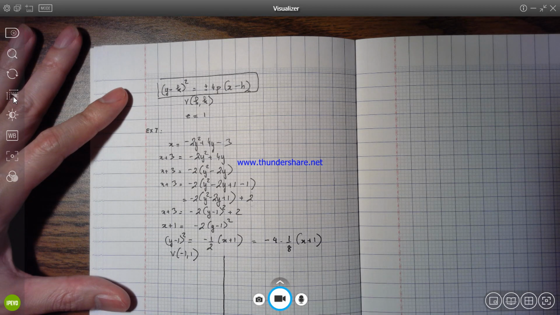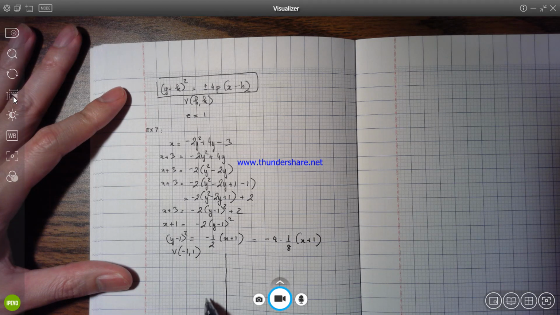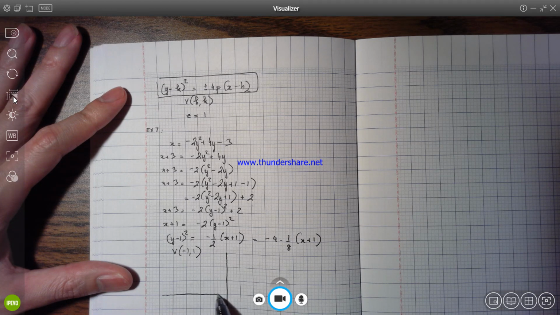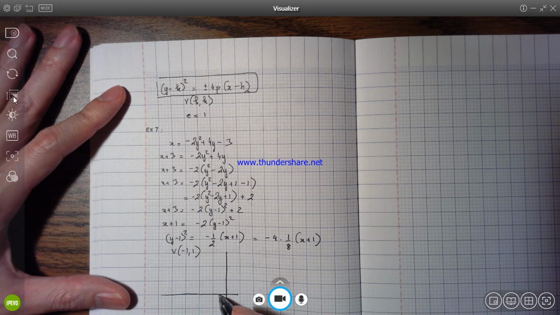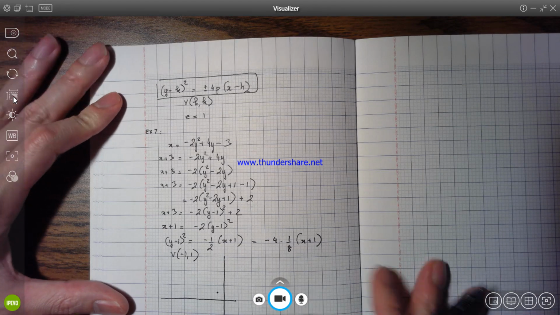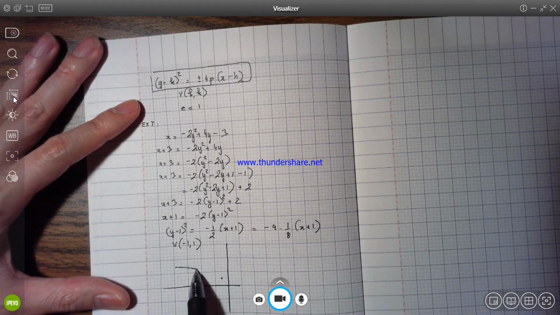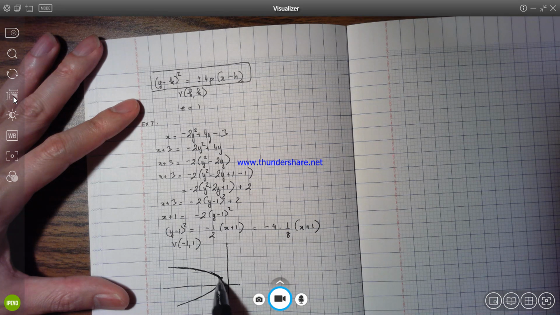So we know this is going to open to the left, so it must be something like this. So -1 and 1 is right here. So that's the vertex, and it's gonna open to the left like that. Okay, I'm just sketching, we don't have to be perfect.